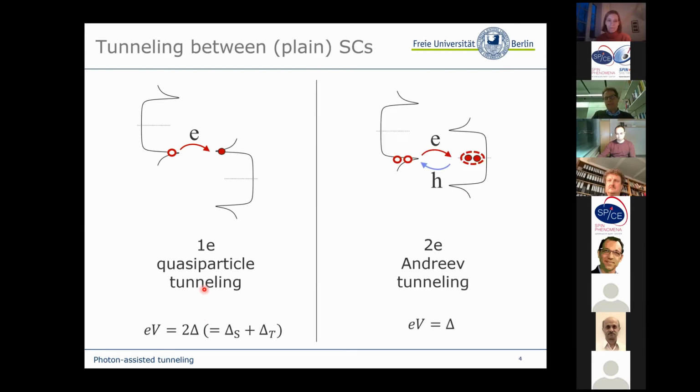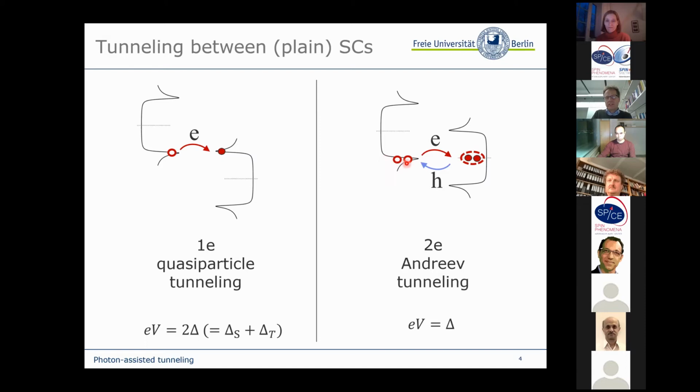At subgap voltages, current can still flow, tunneling can still occur by Andreev processes. So, for example, we can have 2 electrons tunneling across the junction, forming a Cooper pair in the substrate and leaving behind 2 holes in the tip.